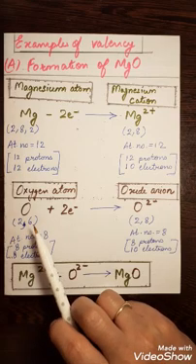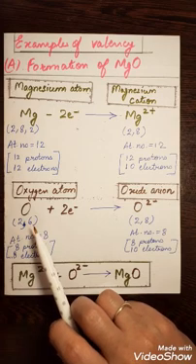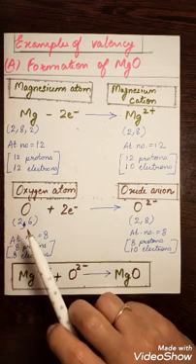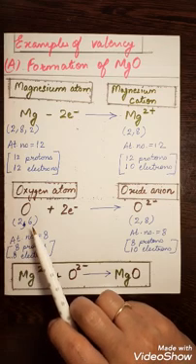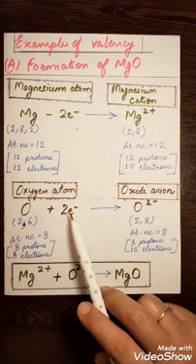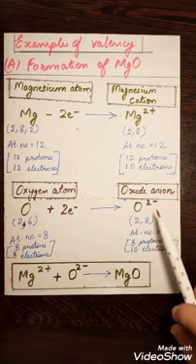Now this oxygen atom wants to have 8 electrons in the outermost shell, but right now it has 6 electrons. So to make itself 8, it will try to gain 2 electrons and get a 2 negative charge, or you can say bi-negative charge.